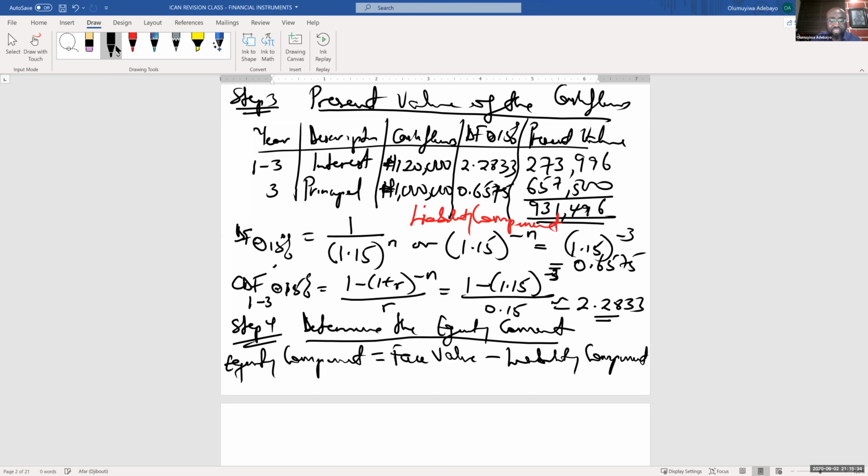And what is the face value? 1 million minus 931,496. What do you have left? 1 million minus 931,496. That will give me 68,504.